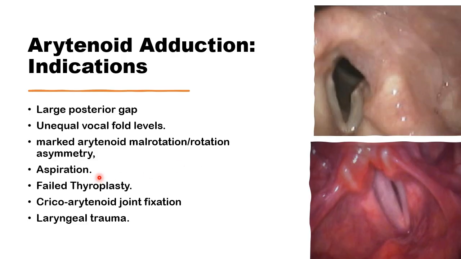Or in cases of vocal fold palsy or glottic insufficiency associated with respiration problems due to a posterior glottic insufficiency in this area, or in cases in which thyroplasty type 1 was tried but failed to improve the patient's symptoms, and in some cases of crico-arytenoid joint fixation due to diseases like rheumatic diseases, for example, or post-traumatic fixation of the joint, when the arytenoid is not working, when the crico-arytenoid joint itself is fixed and not working well, and in some cases of laryngeal trauma associated with displacement of the arytenoid or fixation of the crico-arytenoid joint.